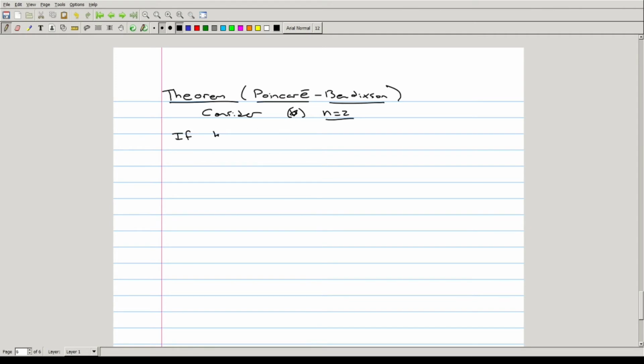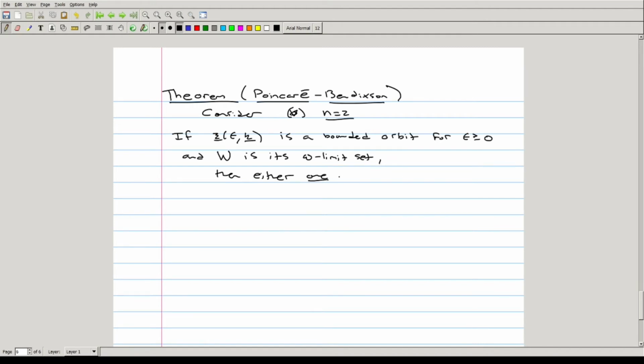If psi of t comma eta is a bounded orbit for positive t, and W is its omega limit set that was defined in the last lecture, then either one of the following is true.